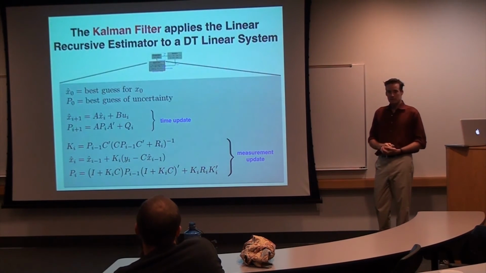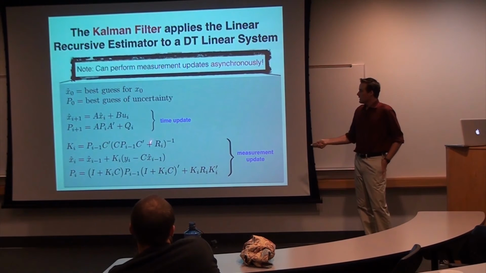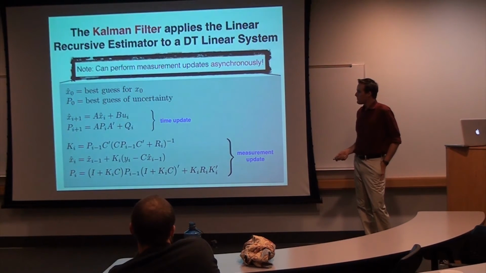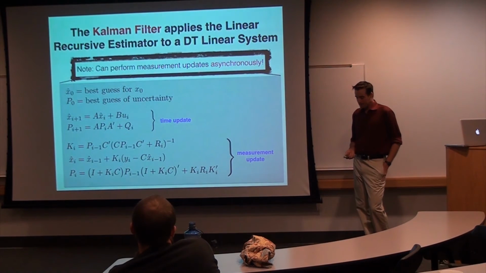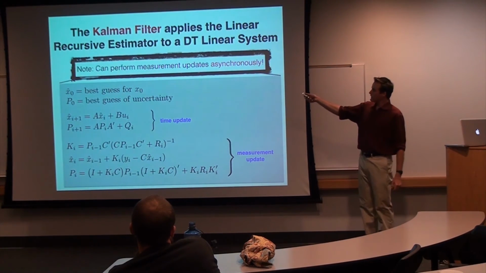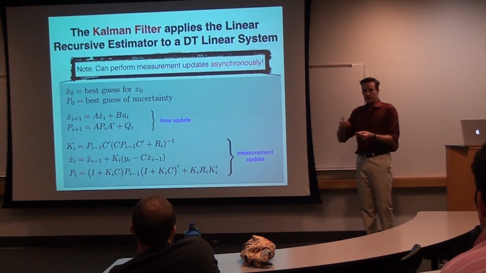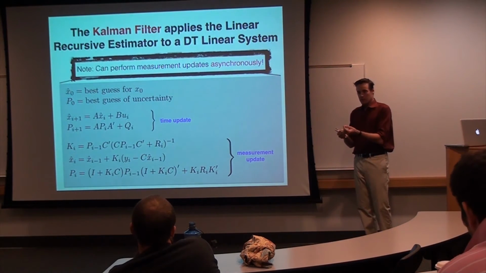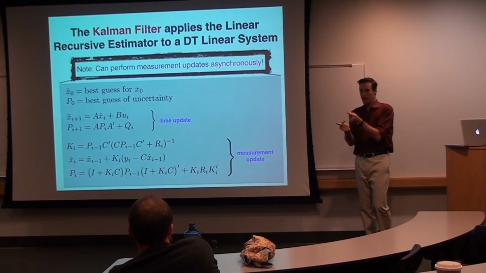There's one more thing that I want to say about the Kalman filter, and that is these measurement updates. The measurement updates don't have to happen synchronously with the time updates. Here's the idea. The linear dynamical system is constructed so that at every time step the state evolves a little bit, and you get an output, some y.